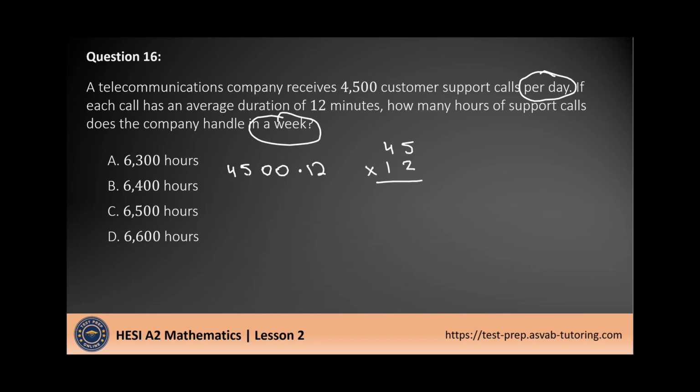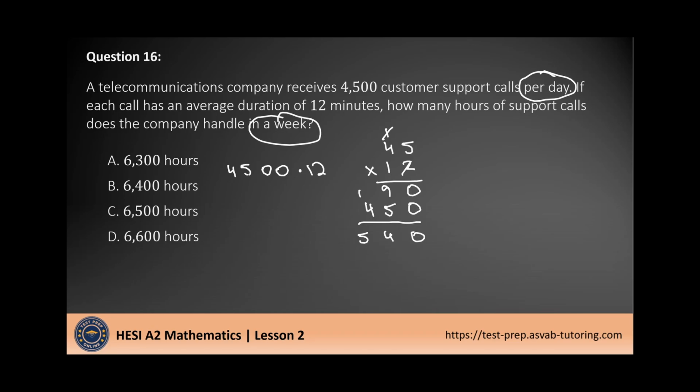Ignoring the zeros. 5 times 2 is 10, carry the 1. 4 times 2 is 8, plus 1 is 9. Add a 0 down here, and then 5 times 1 is 5. 4 times 1 is 4. Add them together, 0, 4, 1, 5.